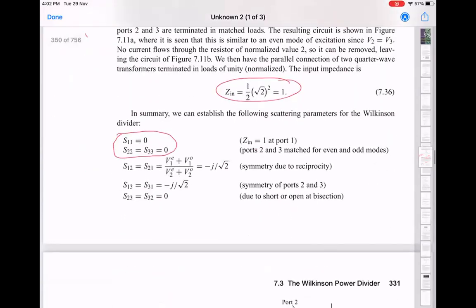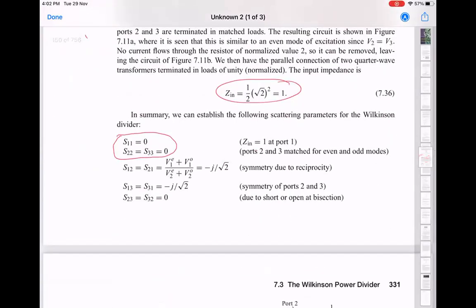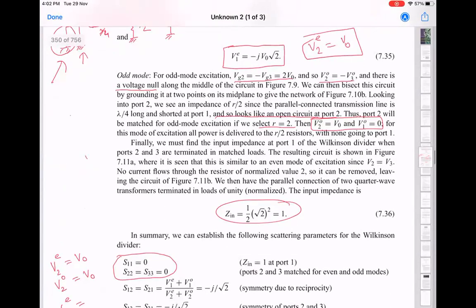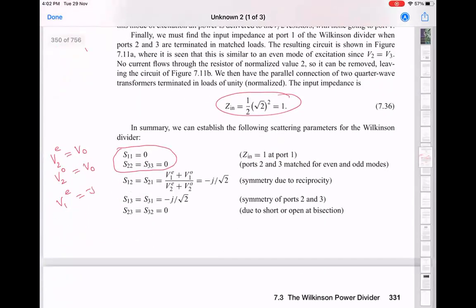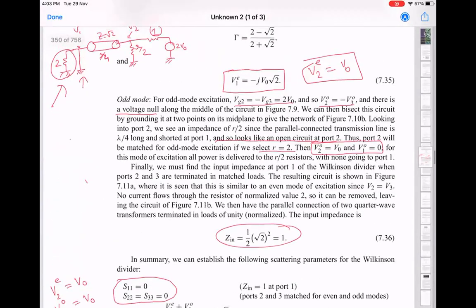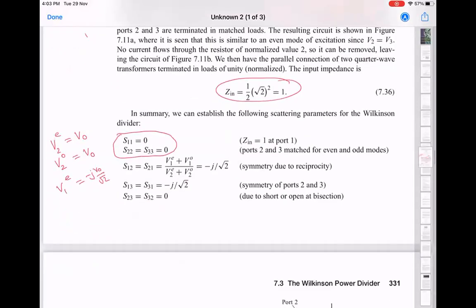Okay, so let me write down here. V2E was V0. V2O was also V0. V1E was minus J V0 over √2.